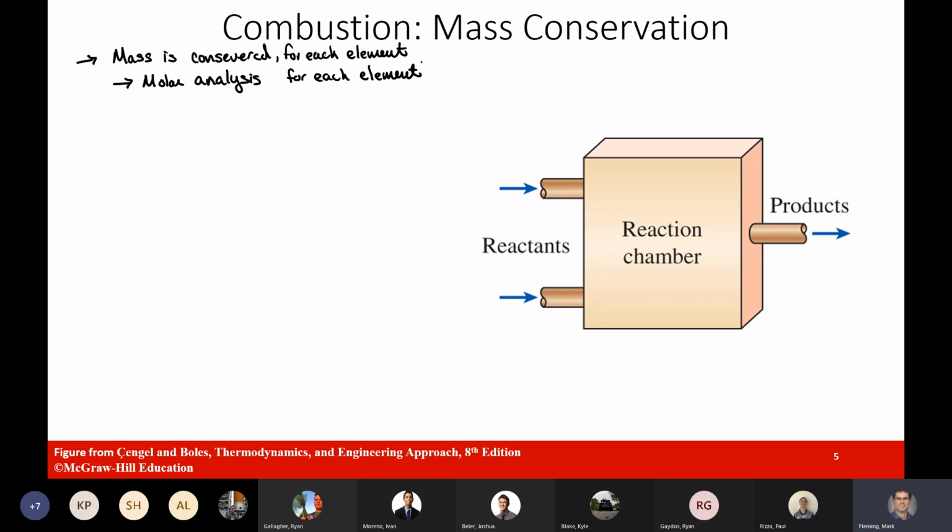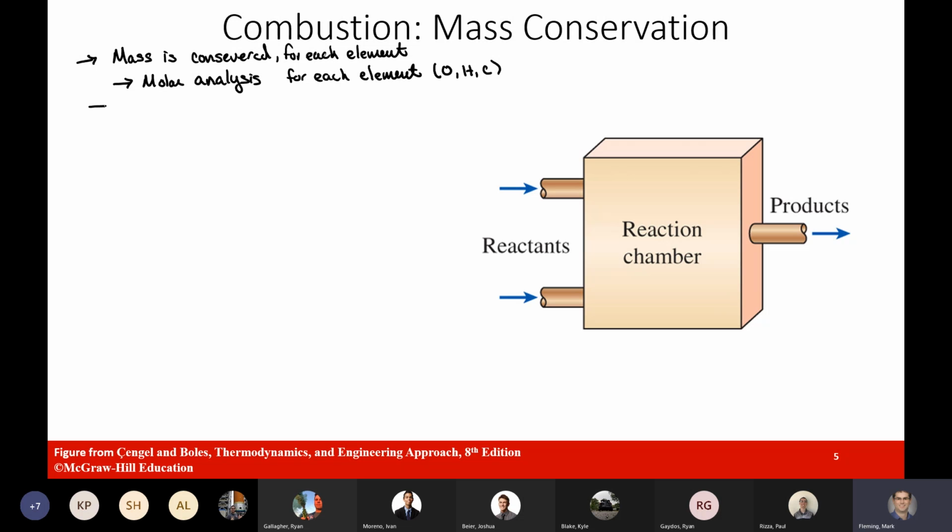And this lets us know how the reaction is proceeding. So if we wanted to note, this could be oxygen, this could be hydrogen, carbon. So we don't worry about if it's in a molecule. We just look at what the individual element as the base is for this analysis.